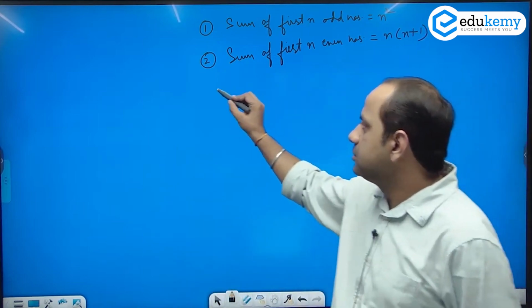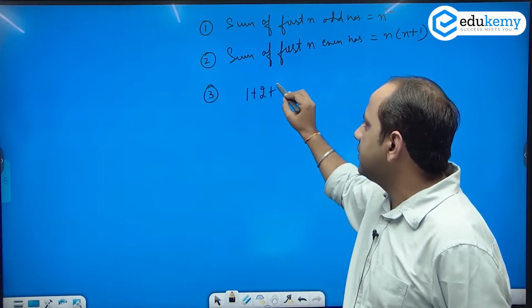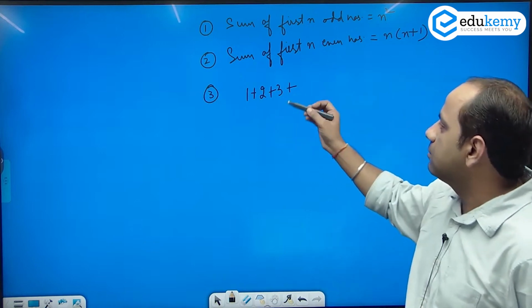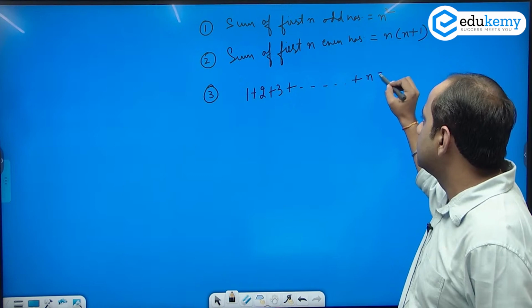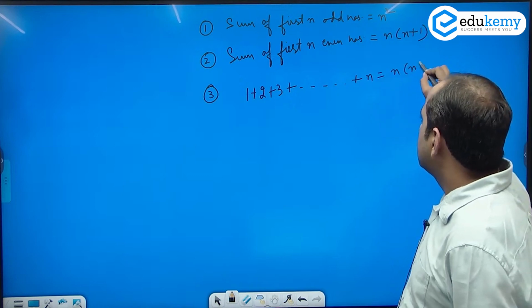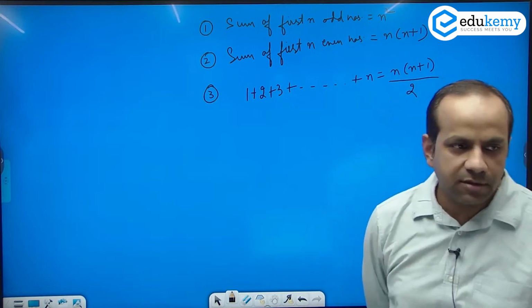Third point is, if I take the sum of all consecutive numbers, I am not talking about odd or even numbers, 1 plus 2 plus 3 plus 4 and so on up to n, this is equal to n into n plus 1 by 2. Is it okay?